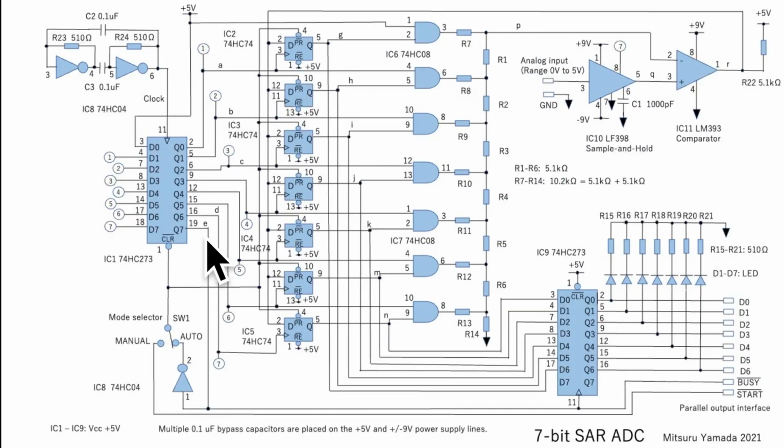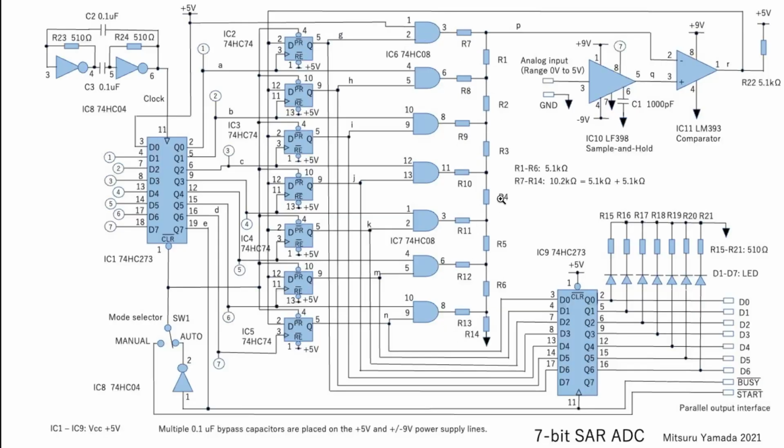And as for the central mess right here with all the flip-flops, the AND gates, and the resistors, basically when a bit is being set to be a voltage to compare with the analog input voltage, this AND gate and the D flip-flops right here will decide if the bit should be on or not.